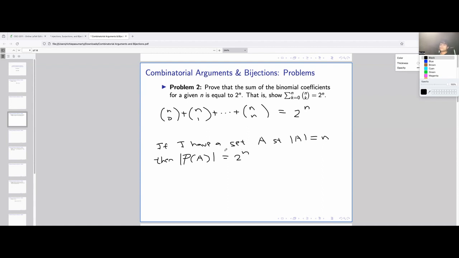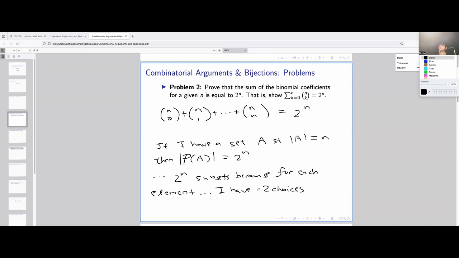Okay, and why are there 2 to the power of n subsets? Because for each element, I have two choices. Those choices are include it, don't include it.